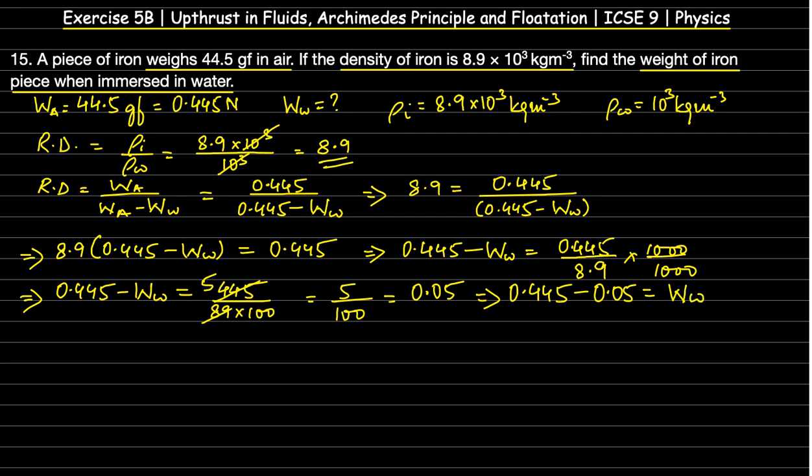So 0.445 minus 0.05 gives us 0.395. So weight in water happens to be 0.395, and since we are doing it in newtons, it's going to be in newtons definitely.